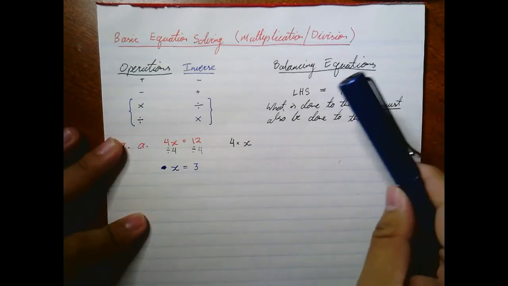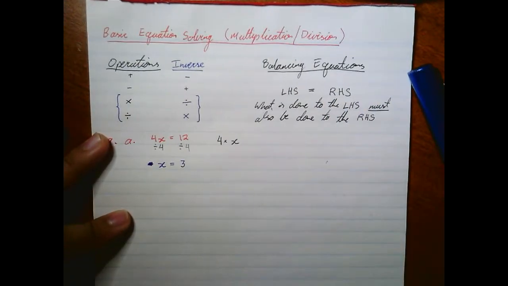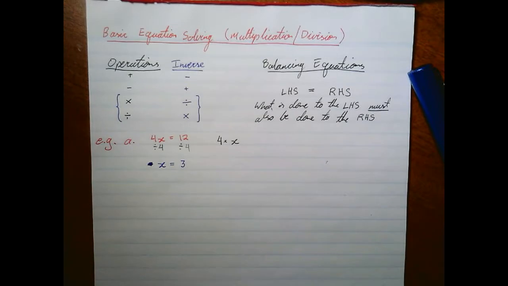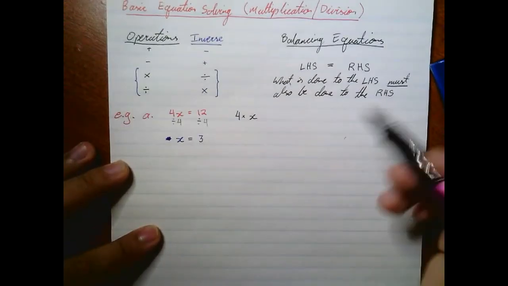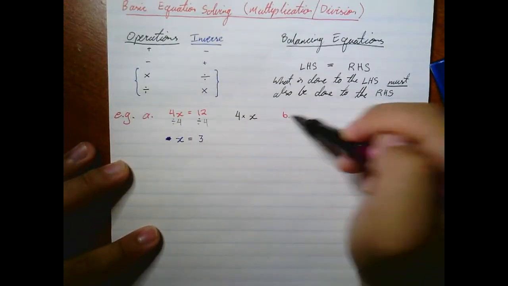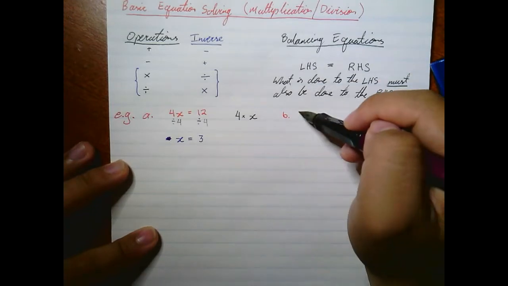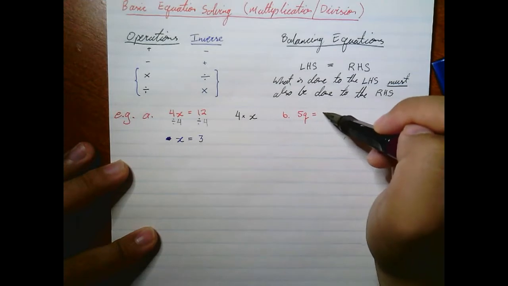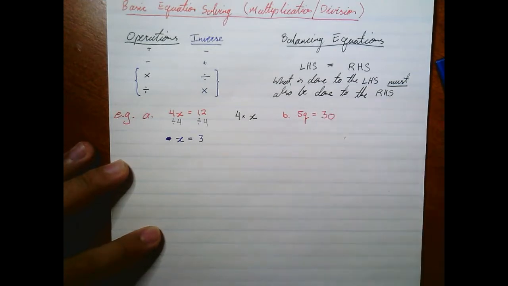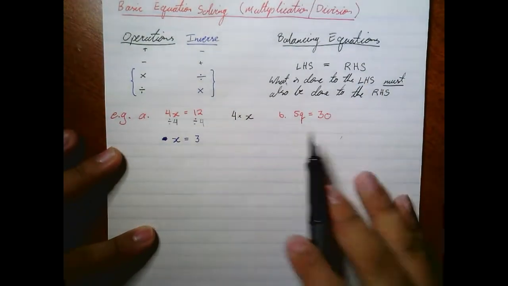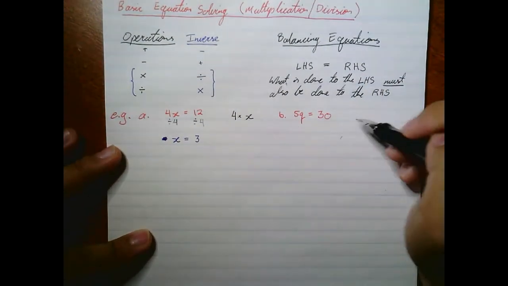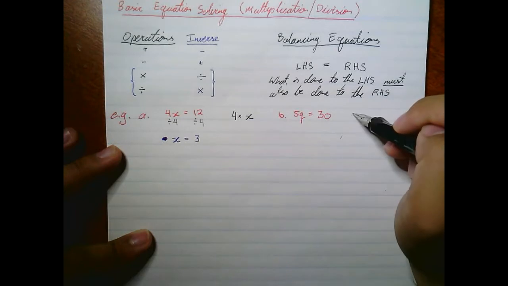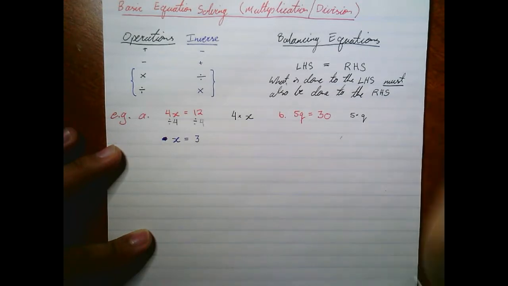Okay, let's do a few more examples. Question B, we have 5q is equal to 30. Once again, this 5q is actually 5 times q.